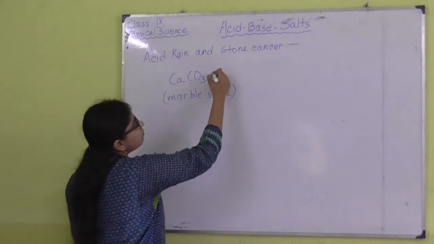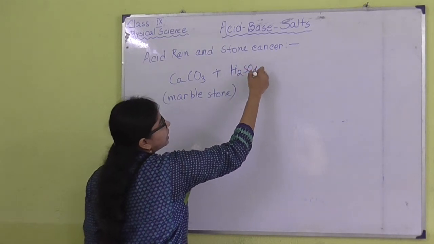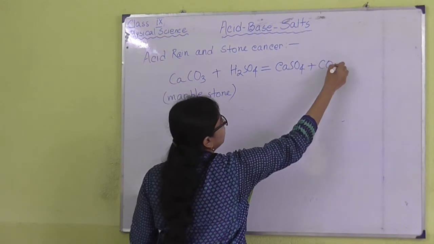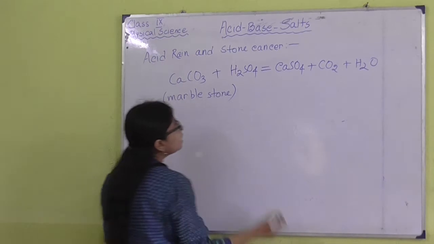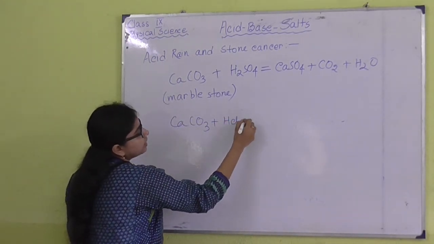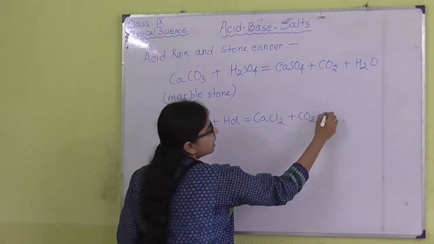Okay. So, if calcium carbonate reacts with H2SO4, it will give us calcium sulfate, carbon dioxide and water. If it reacts with hydrochloric acid, then it will give us calcium chloride, carbon dioxide and water.